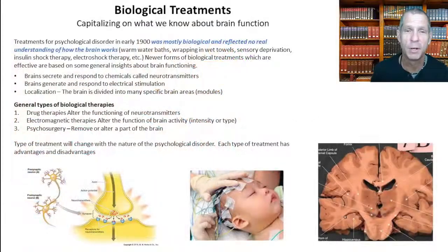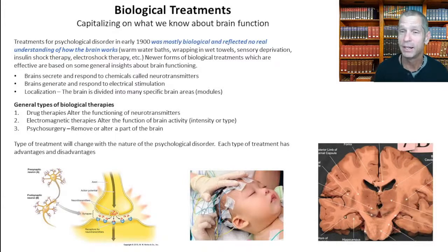Today we're going to talk a little bit about biological treatments, which capitalize on what we know about brain function. Now, treatments for psychological disorders in 1900 were mostly biological and reflected no understanding of how the brain works. So they used stuff like warm water baths. They would wrap you in wet towels. They would put you in sensory deprivation chambers.